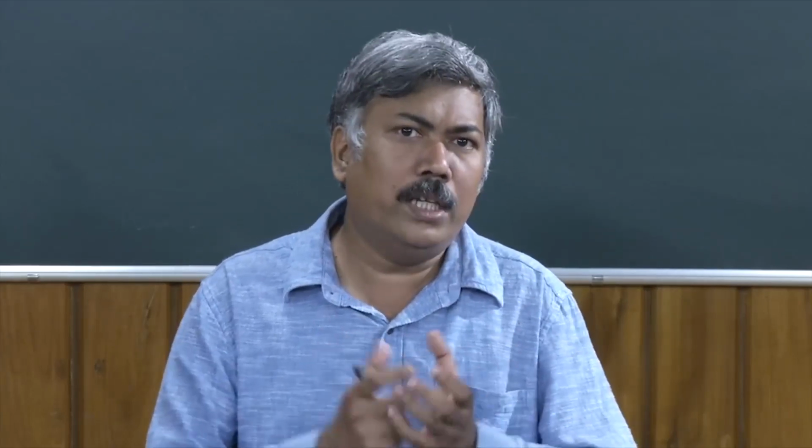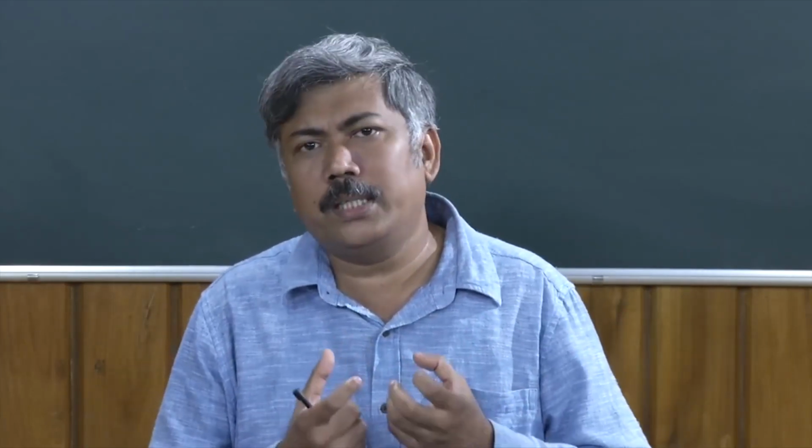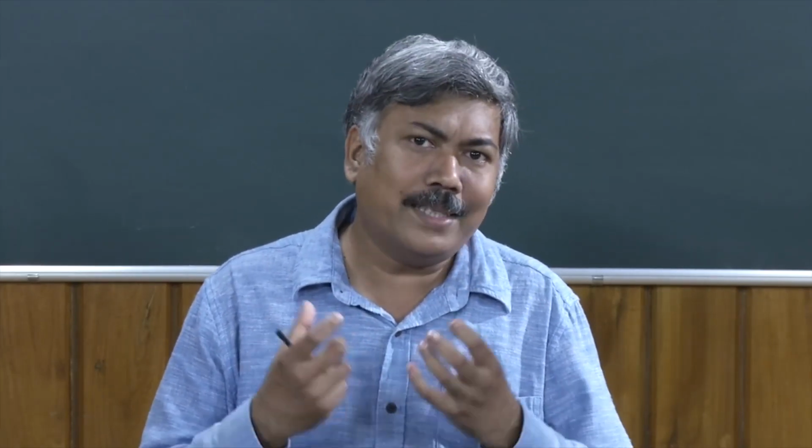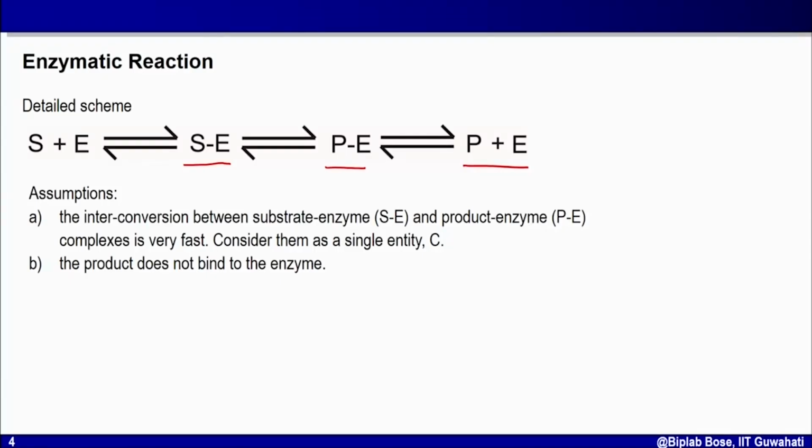So usually in a chemistry lab also people will consider both of them together as a single entity and will consider them as a C complex. So I will consider this whole thing as a single thing, C, a complex. I will not separately consider them. And the next assumption, which is also very logical, is that the product does not go back and bind to the enzyme again. That means I am not considering this step as a reversible one.